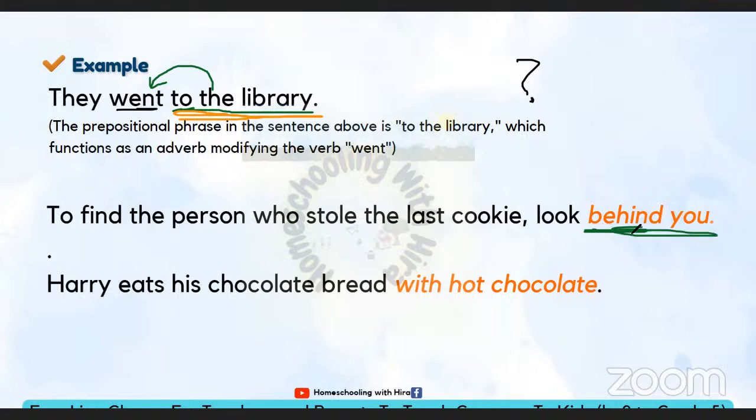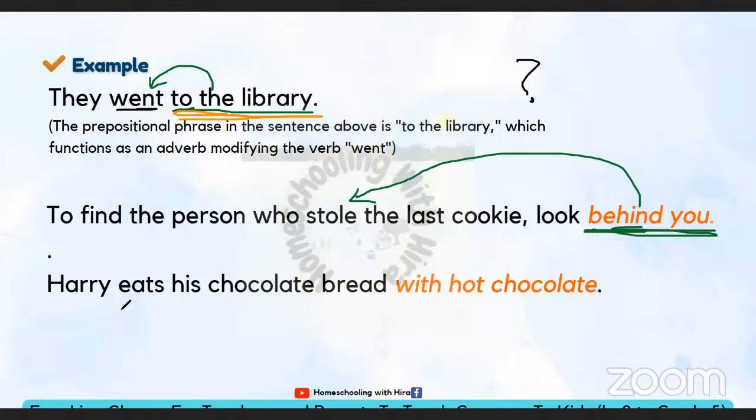This whole thing is a prepositional phrase, and what it is defining, or about what it is giving you the information. To find the person who stole the last cookie, look behind you. It is giving you the information about the act of stealing, right?